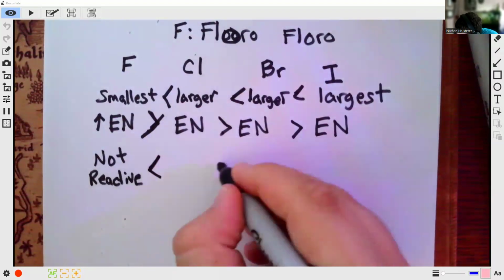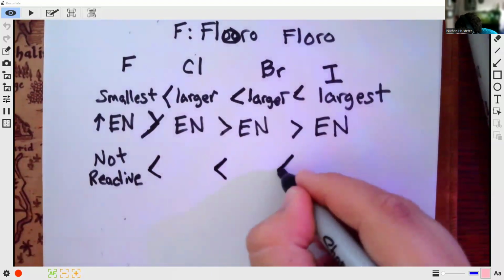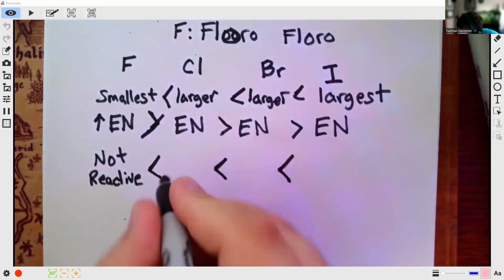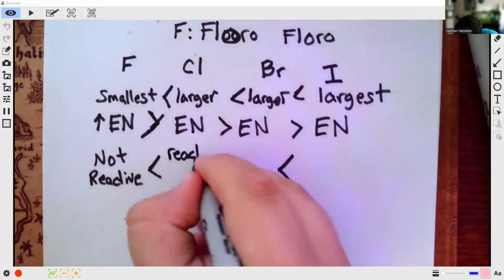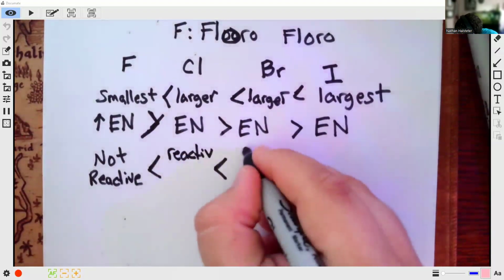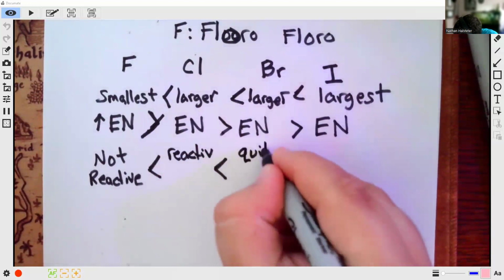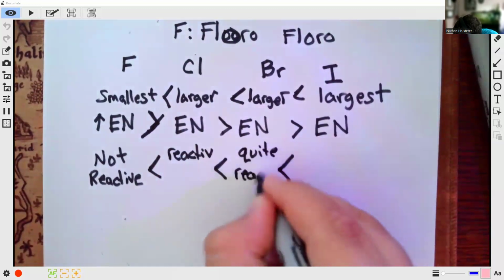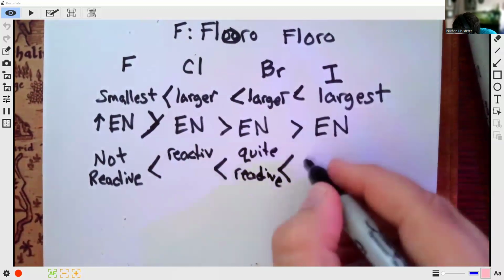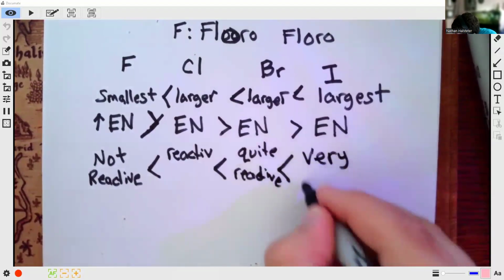As we go further down, we become more and more reactive. This is reactive. This is quite reactive. This is very reactive.